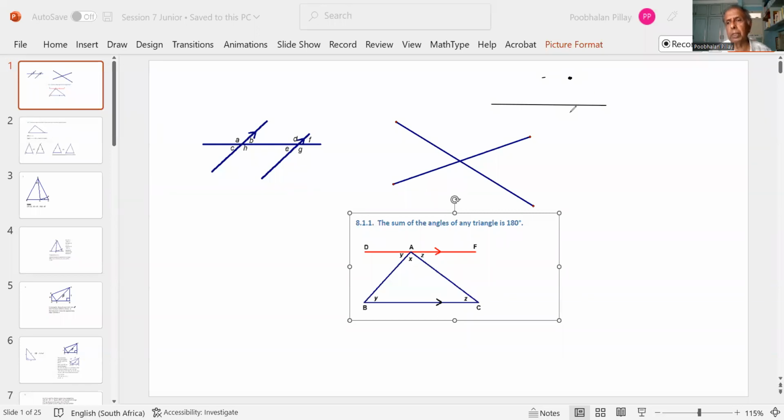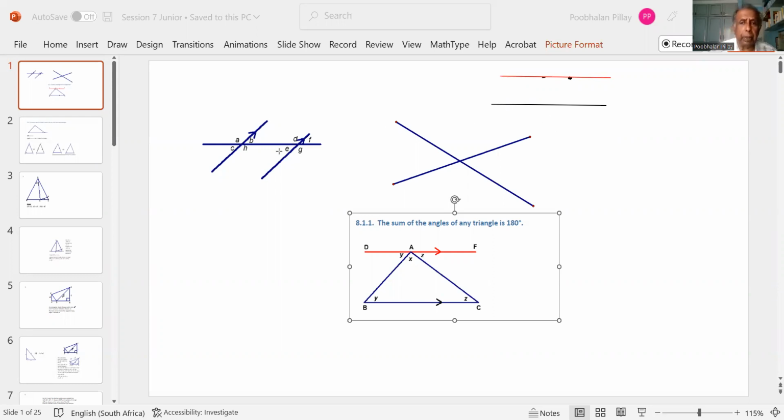Now through that point, you can draw a line which is parallel to this. In fact, you can draw exactly one line which is parallel. Parallel lines, we don't define parallel lines, but we say that they have the same direction, which is a kind of a loose way of saying things. So you can draw one line. It is possible to draw a line which is going through the point and parallel to it.